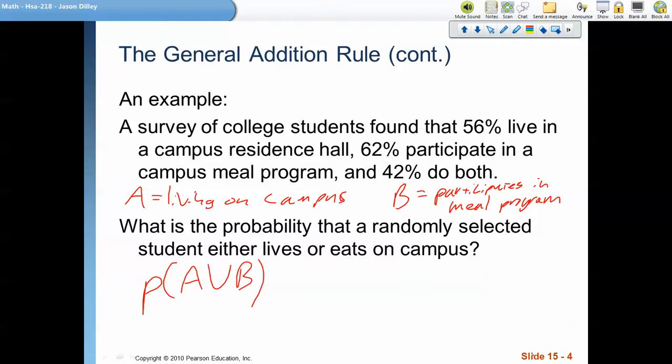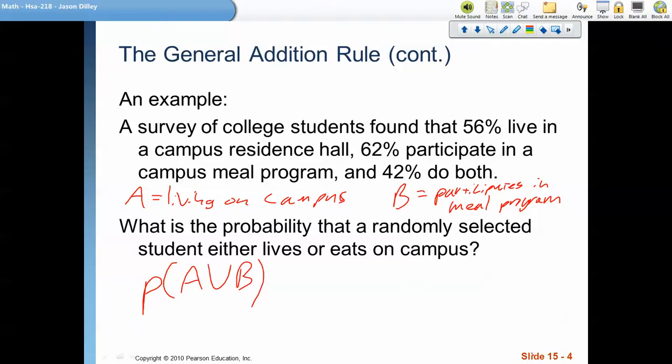So this is just a straight up application of the general addition. Or and. I always think of it as the one that's upside down looks like an A, and A is for and.